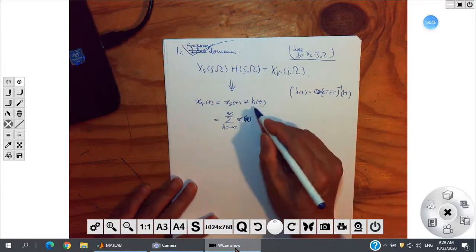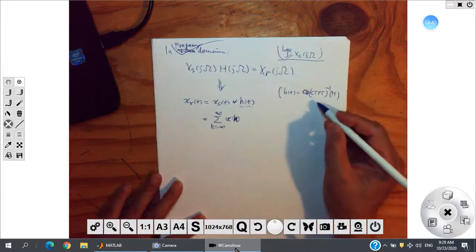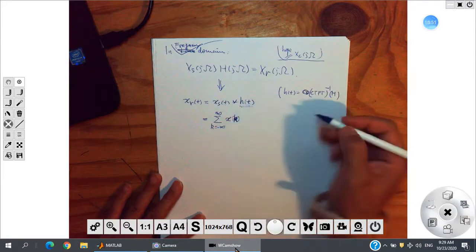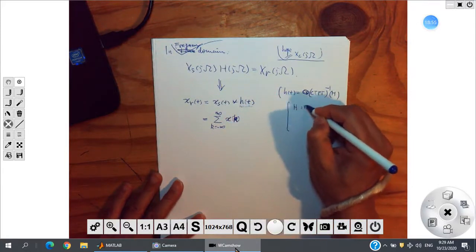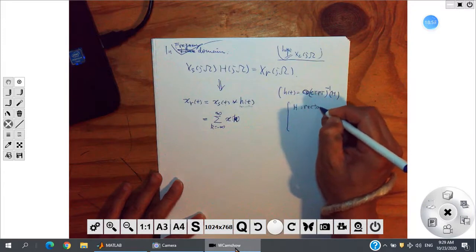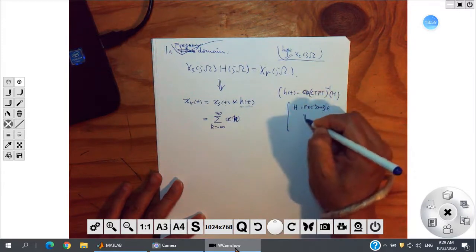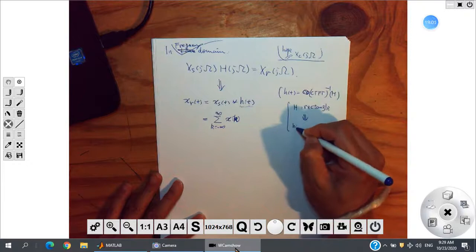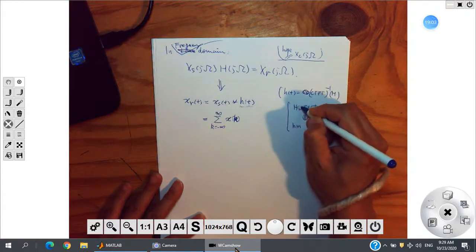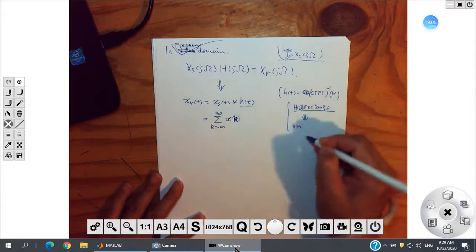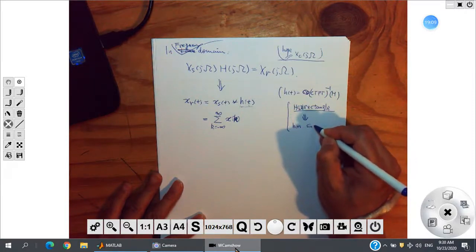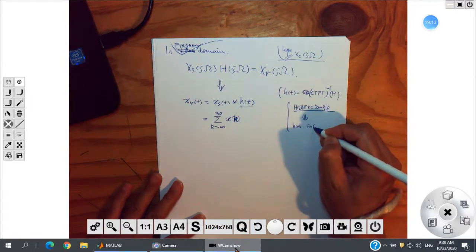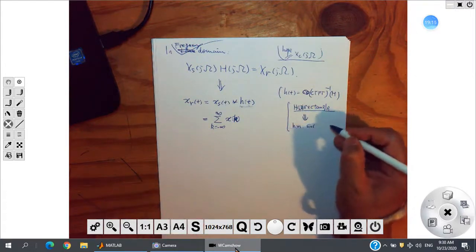And h, what is h? Capital H is a rectangle in j omega. Then lowercase h of t will be a sinc function.